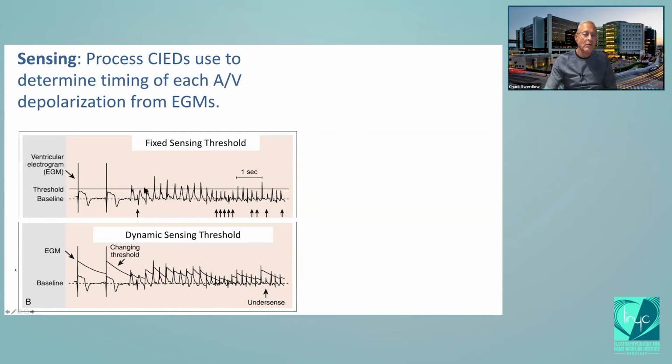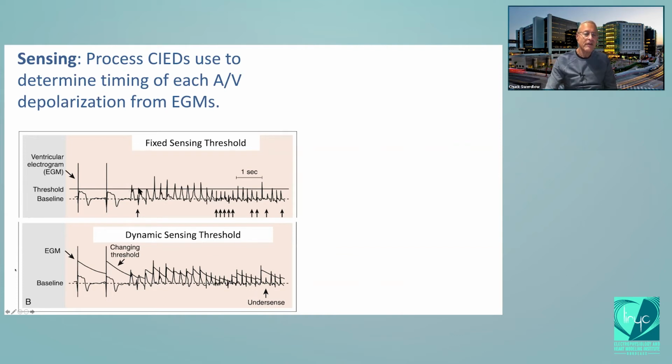The way we do that is when the signal exceeds a certain threshold, that's the time that is marked. Now here we see some electrical signals not marked during this ventricular fibrillation rhythm. These are not tall enough, or don't have high enough amplitude, to meet the sensing threshold.